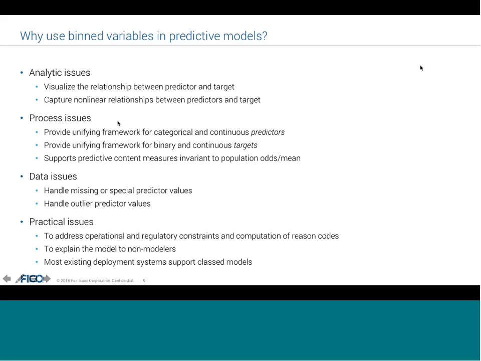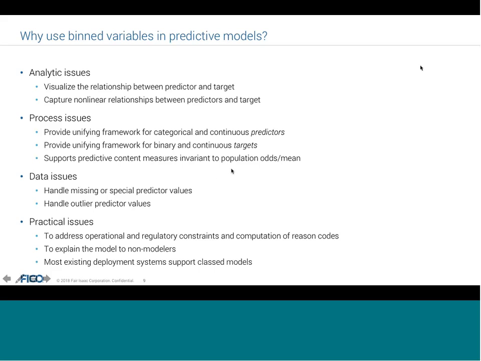In the category of processing issues, what binning hands us is this unifying framework for us to work on both continuous and categorical predictors, as well as for us to work with binary or continuous targets.